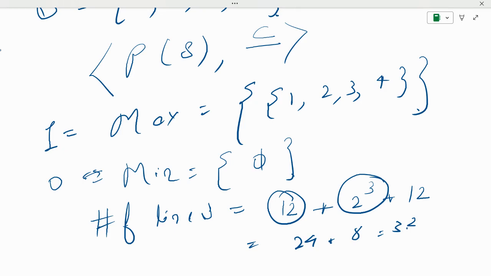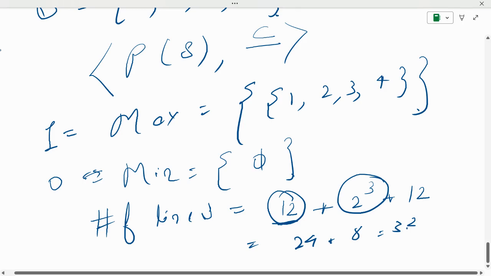So first of all, we calculate for each base, how many bases there will be, and then we calculate the number of side walls. So this is how we calculate the number of lines.